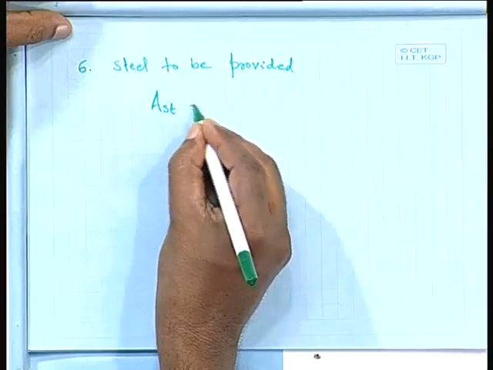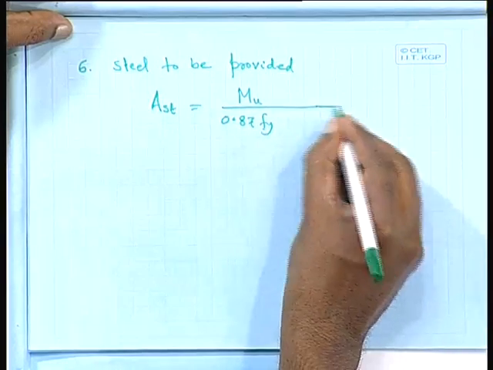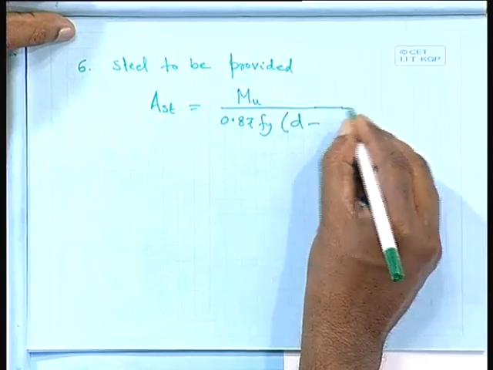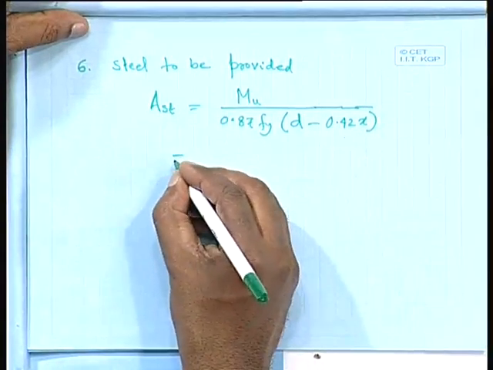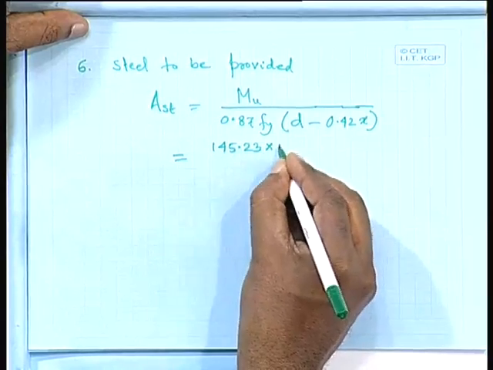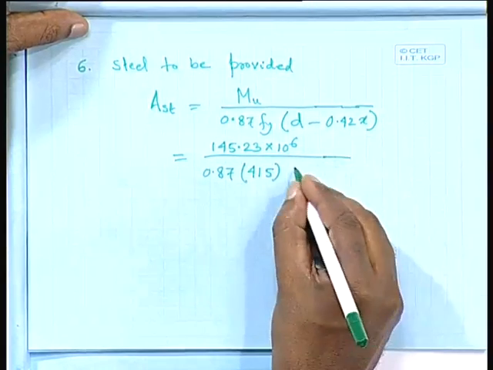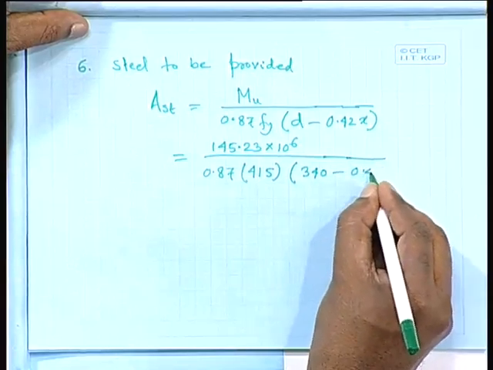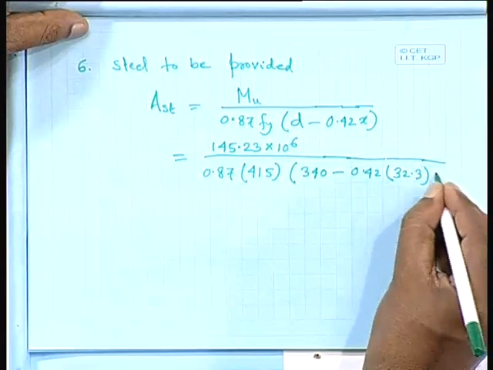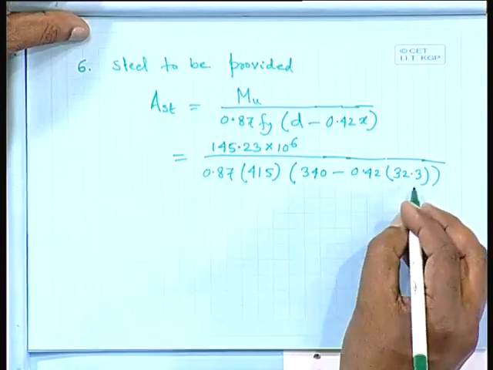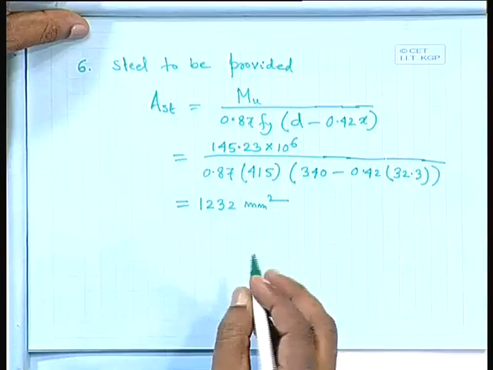Area of steel equal to Mu divided by 0.87 fy, the stress in steel, times (d minus 0.42 xu or x), that is the lever arm, which comes as 145.23 into 10 to the power 6 divided by 0.87 times 415, that Fe 415 the steel, times (340 minus 0.42 times 32.3, the neutral axis depth), which comes as 1232 square millimeter.